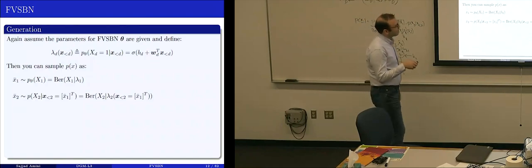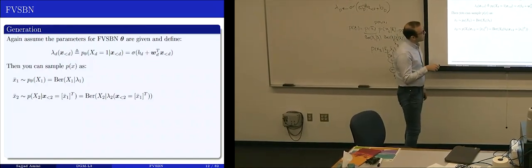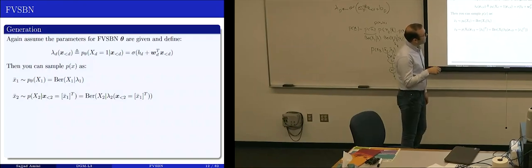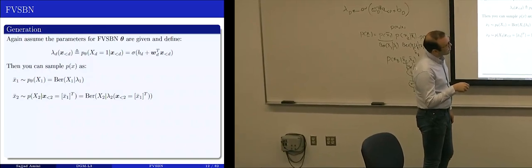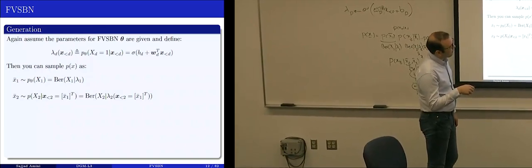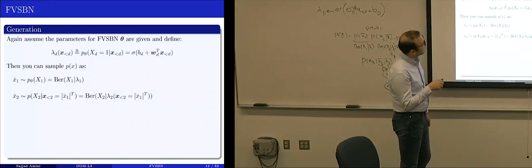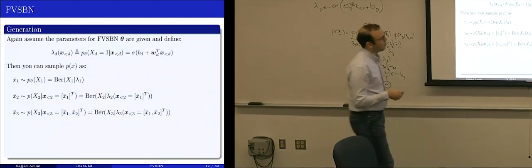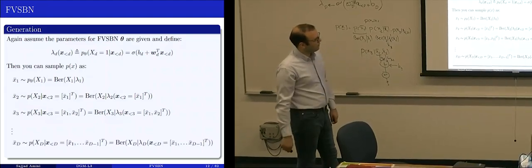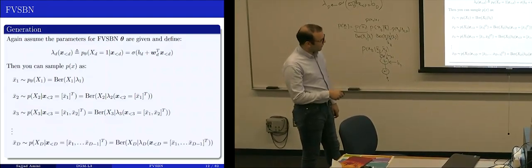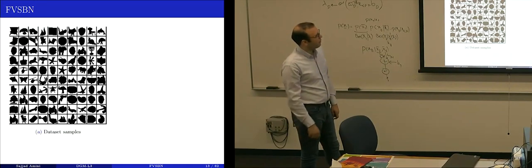Then for the next one, you calculate lambda 2 as a function of the generated samples. These generated samples are given to the lambda 2 function, and the lambda 2 function generates the parameter for the second element of the vector, and then you can generate it. You can go to the end, and at the end you have a complete generated sample.